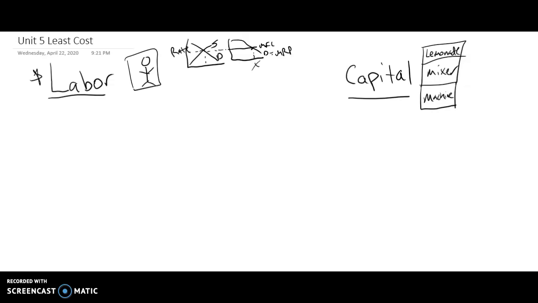But in this one, we're saying we could hire labor or we could hire capital. How do I know how much of each one to hire? I might be able to figure out my total based upon marginal factor cost and marginal revenue product. But in this one, I want to know the least cost I can have with hiring labor or hiring capital.